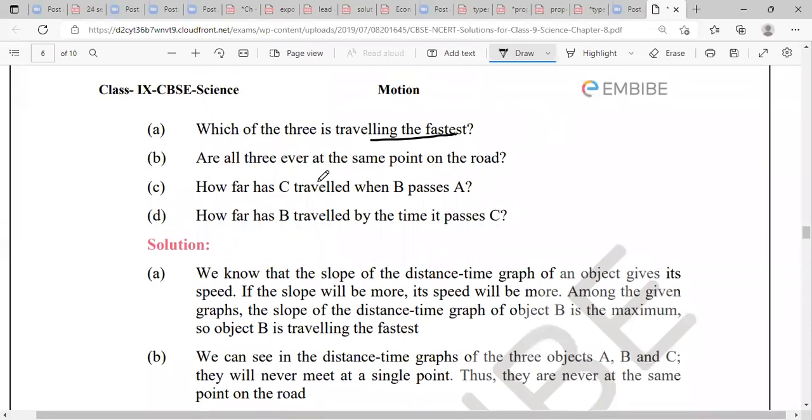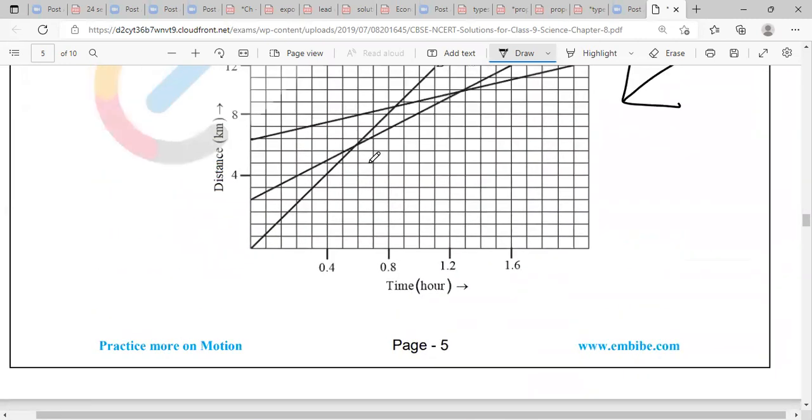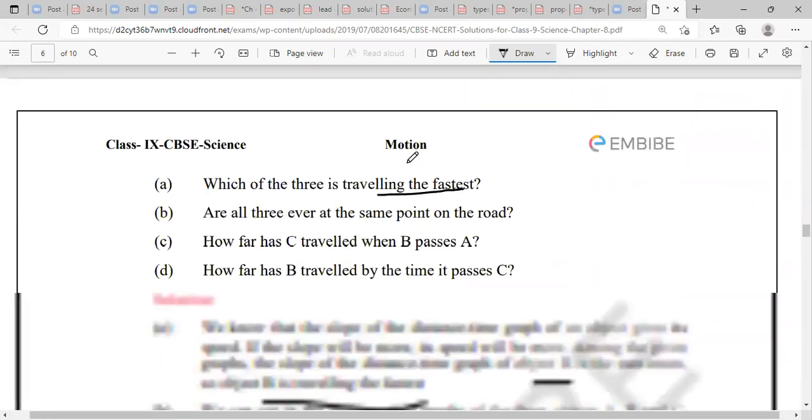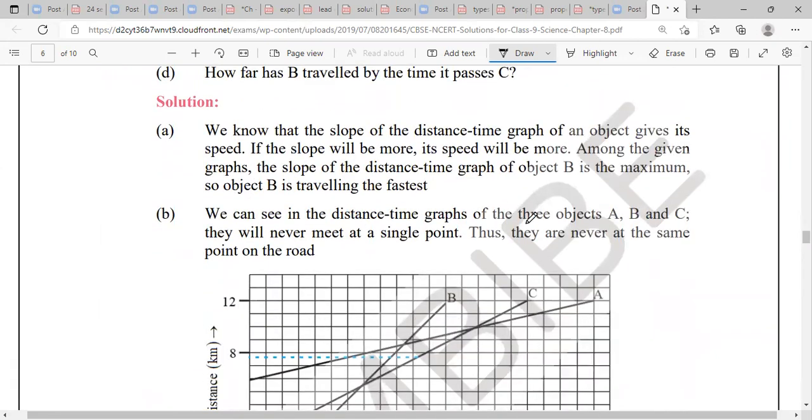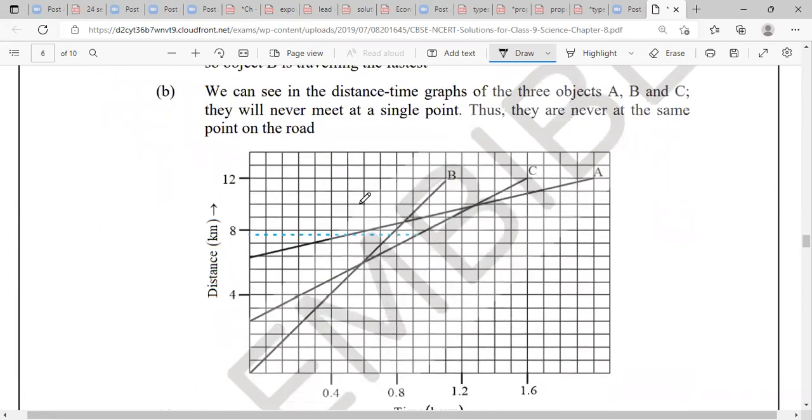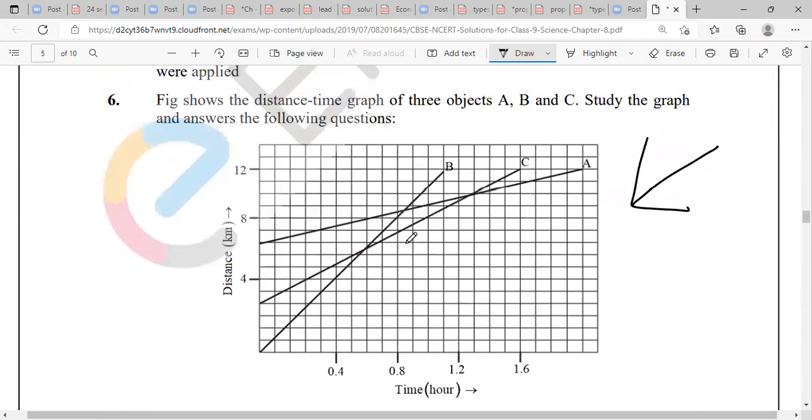Now, are all the three ever at the same point on the road? Can you see all of them at the same point at any time? In the distance-time graph of the three objects A, B, C, they never meet at a single point. Here you can see B and A are colliding, but we are talking about all three.